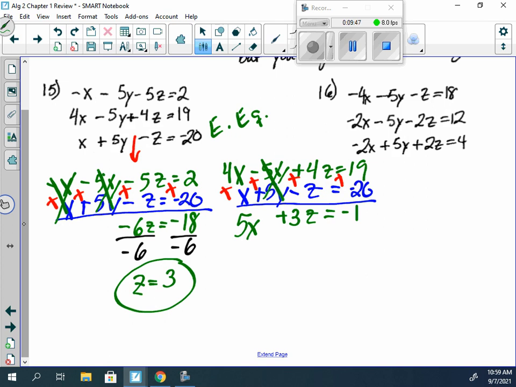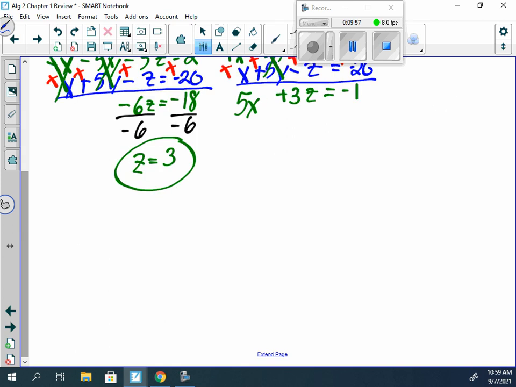Now, since the other equation he gave me, 5x plus 3z equals negative 1, well, we know what the value of z is already. It is 3, yes? So at this point, I can take 5x plus 3z, well, z is 3, and we can plug it in. Well, 3 times 3 is 9?